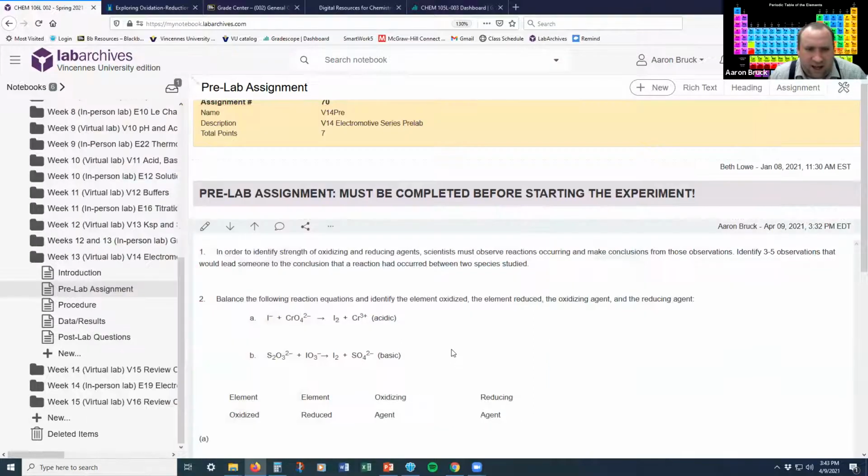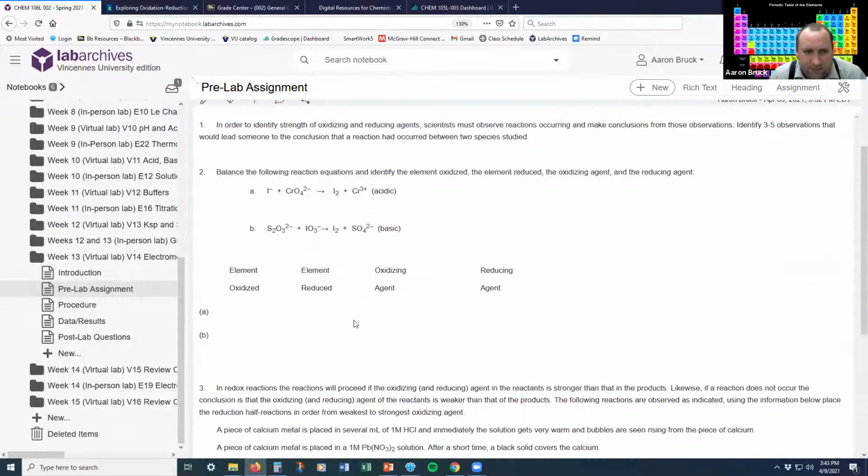So as we look at this pre-lab, we can see that some of the questions here are along those kinds of lines. Number one, looking at what kinds of observations we can make that would determine whether a reaction has occurred or hasn't occurred.